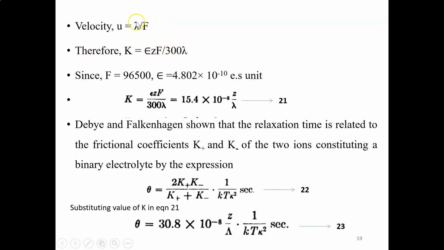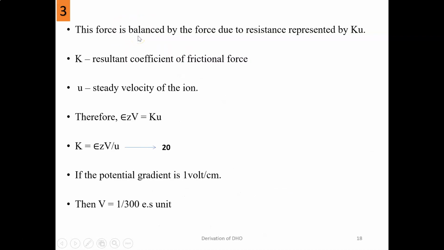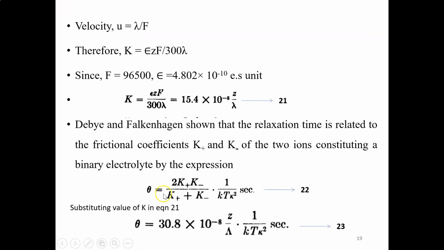You are just substituting the value of u as well as the value for V. And we know the value of F is equal to 96,500, and ε is equal to 4.8 × 10^-10 electrostatic units.